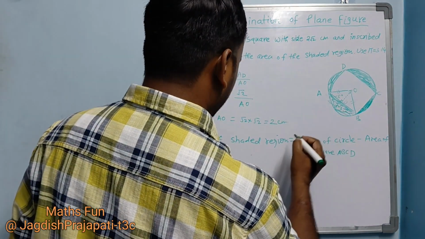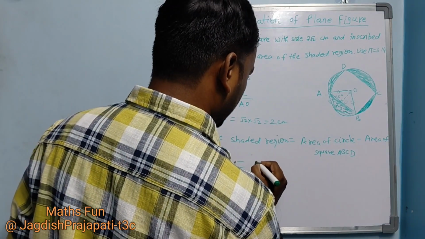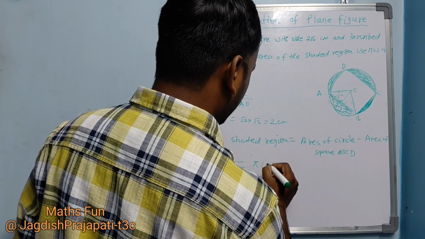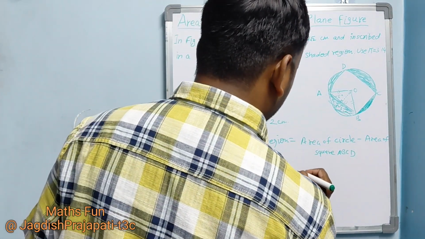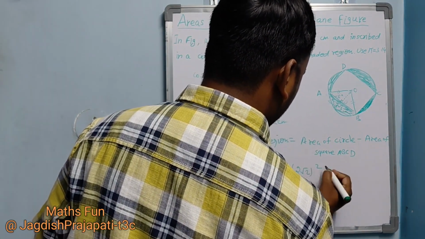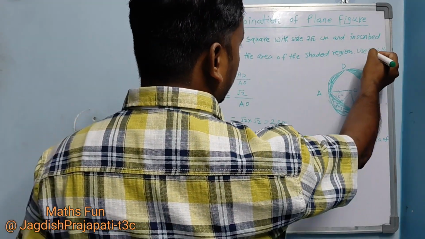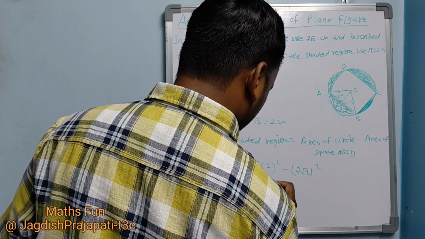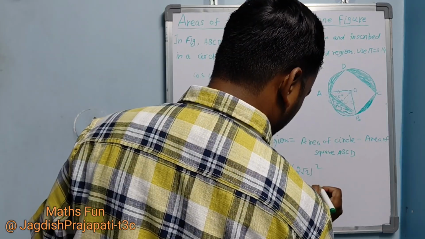Okay, so area of circle, since we found the radius of the circle, this will be pi r square, r is here 2, minus area of square, so square of side 2 under root 2 square. It is said in the question that we have to use 3.14, so this will be 3.14 into 2 to the 4 minus 2 to the 4, 4 into 2.